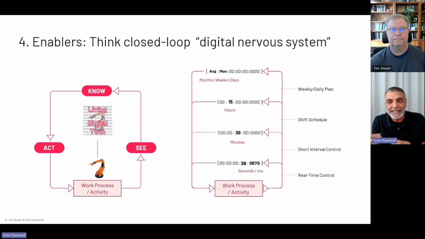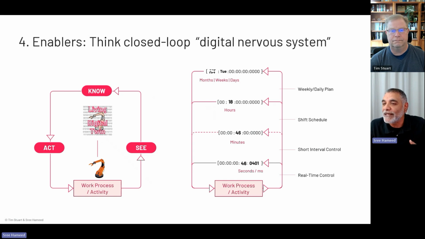So this living digital twin forces you to think about the closed loop process. Again, we talked about sensing and responding. Well, then the next question is, what is the cadence of that closed loop? How quickly do we need to close that loop, right? Because at the process control level, is that within seconds or milliseconds? Is it at the supervisory control level, at the MES system level, where you're doing all the orchestration of the activities within a shift?